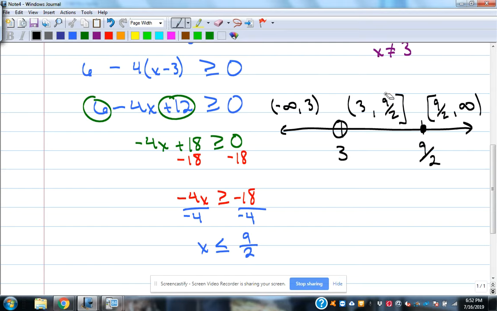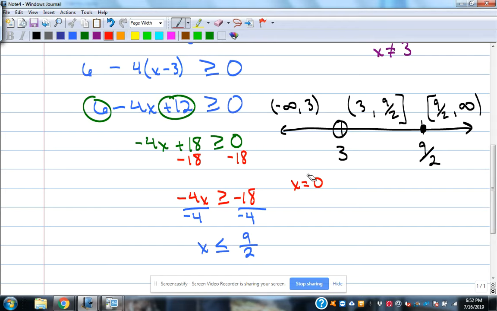So what we're going to do is pick a number from that area and plug it in. So in this first area, if x were 0, would it be between negative infinity and 3? Yeah. So that's a good test number for that area.